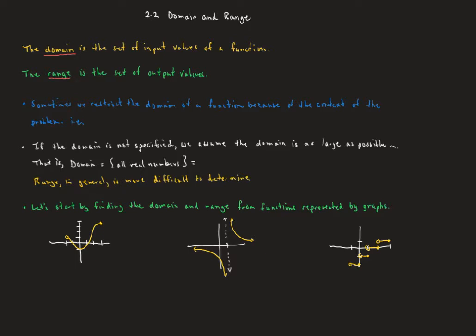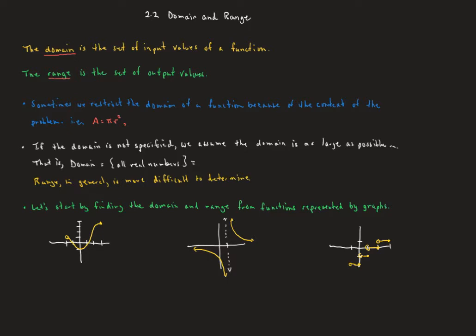Sometimes we restrict the domain of a function because of the context of the problem. For example, if we had A equals pi r squared, where that's supposed to be the area is equal to pi times the radius squared, r is the independent variable acting like x, and so it wouldn't really make sense to have a radius that is negative certainly, and maybe not even 0.